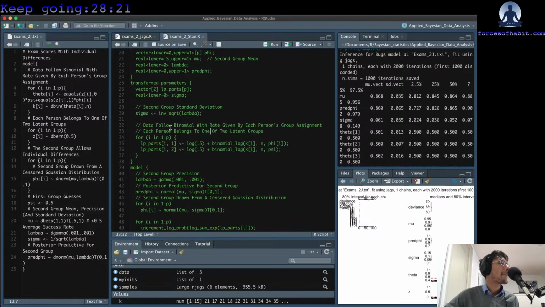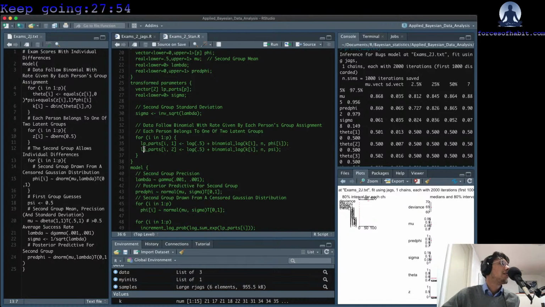So for a given person, person assigned to 1, it's going to be equal to log 0.5 plus binomial log of success and phi. So we're using some binomial log distribution.